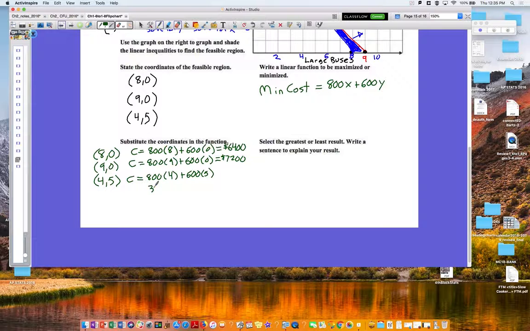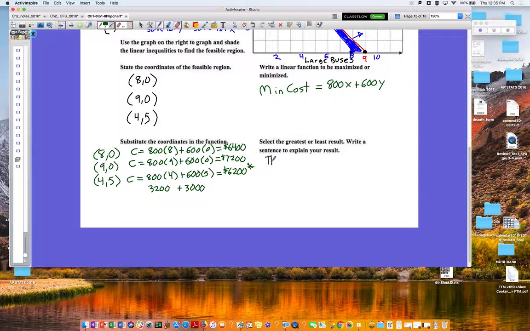So this is 3,200. This is 3,000. I get 6,200. So lo and behold, we're trying to minimize the cost. There's our solution. So we just write a quick sentence here.